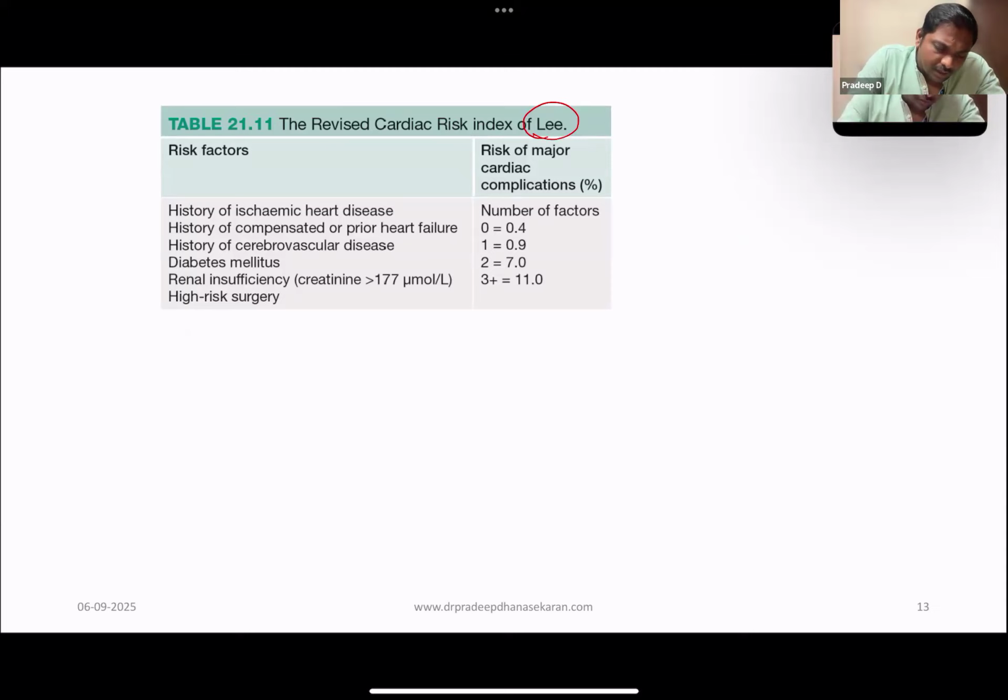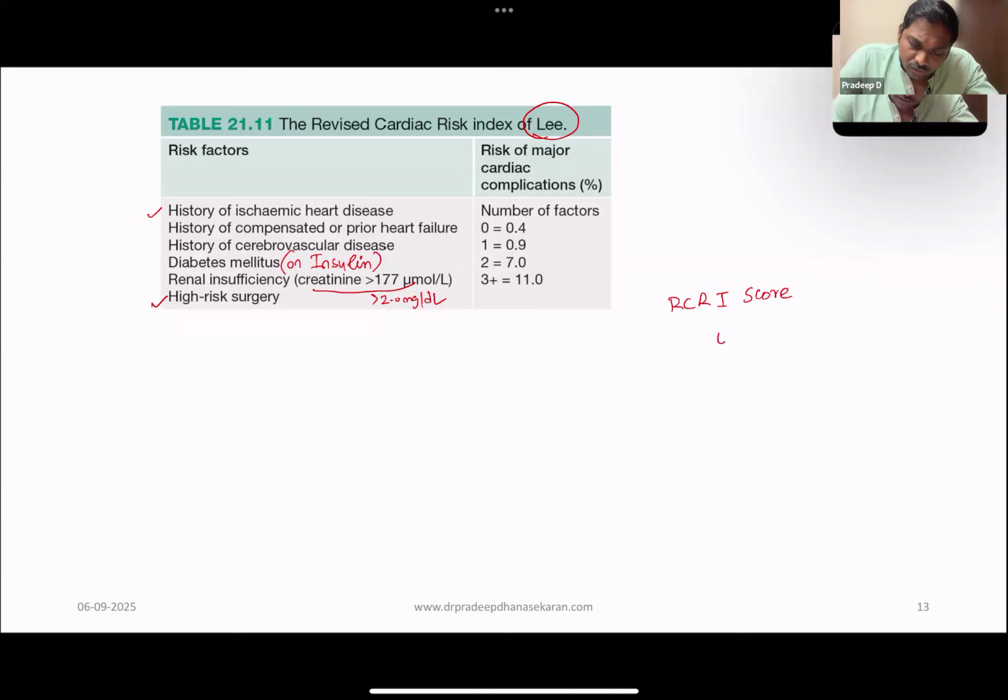The parameters are: high-risk surgery, history of prior ischemic heart disease, prior cerebrovascular disease, prior heart failure, diabetes mellitus on insulin treatment, not on OHA, and renal insufficiency, serum creatinine more than 2 milligram per deciliter. All these have points. So this is given by an RCRI score.